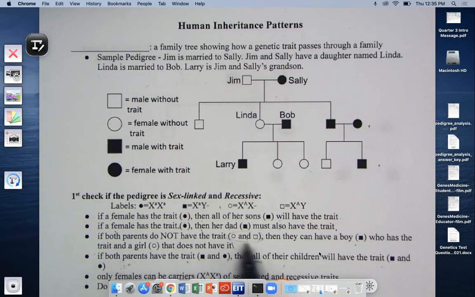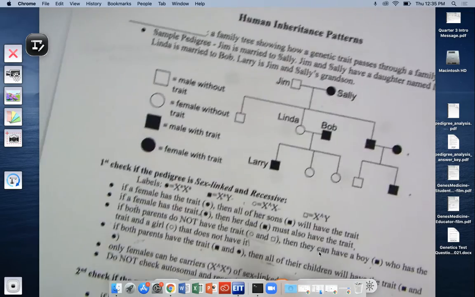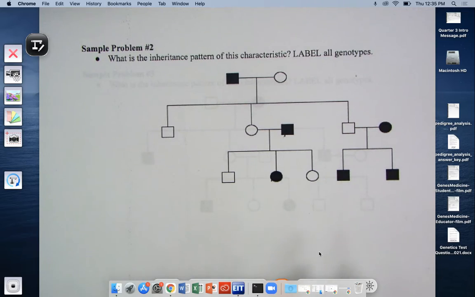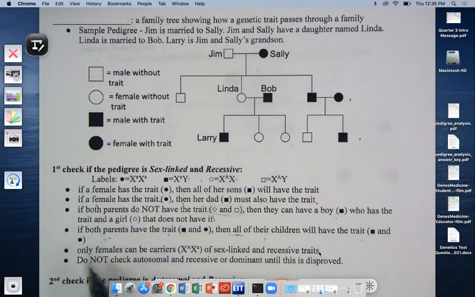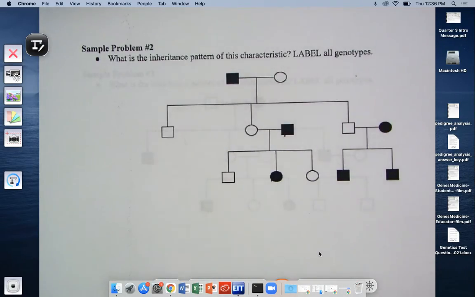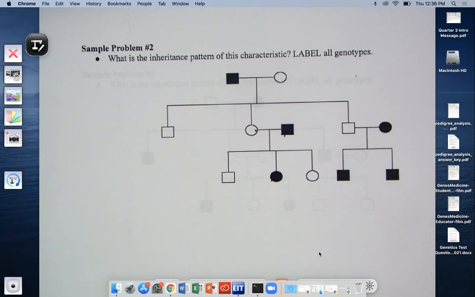If both parents do not have it, that's not a choice, so we'll skip that one. If both parents have it, well, that's not a choice. And only females can be carriers. That just means that you can have children and the female doesn't have it. But that one's kind of hard, so I kind of skipped that one.